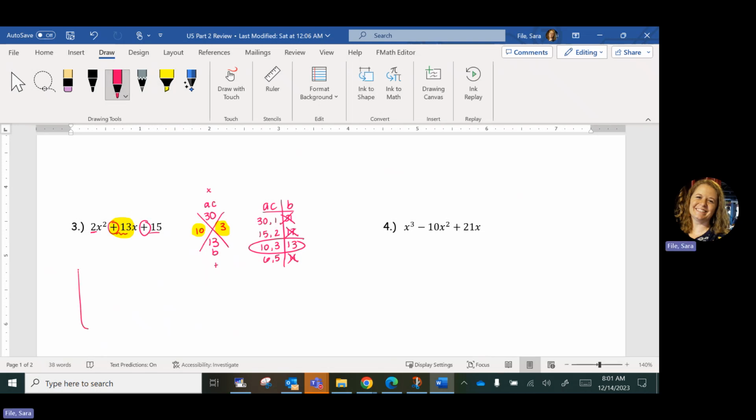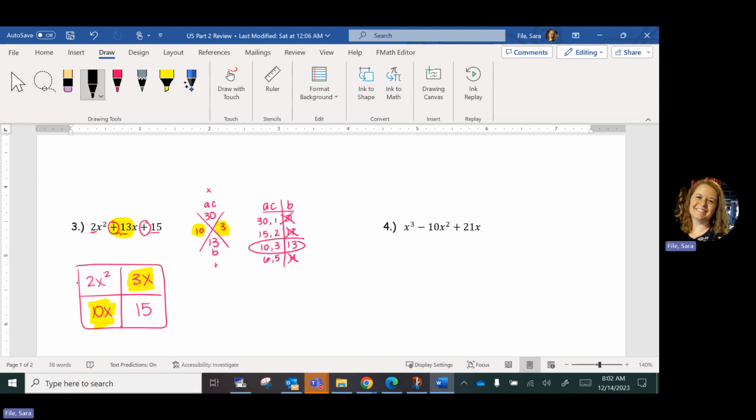So remember the box method, the first term and the last term stay as is. But I make the substitution for that middle term. It becomes, instead of just being a 13x, it becomes a 10x and a 3x. So far so good? Then I do GCF of every row and column.